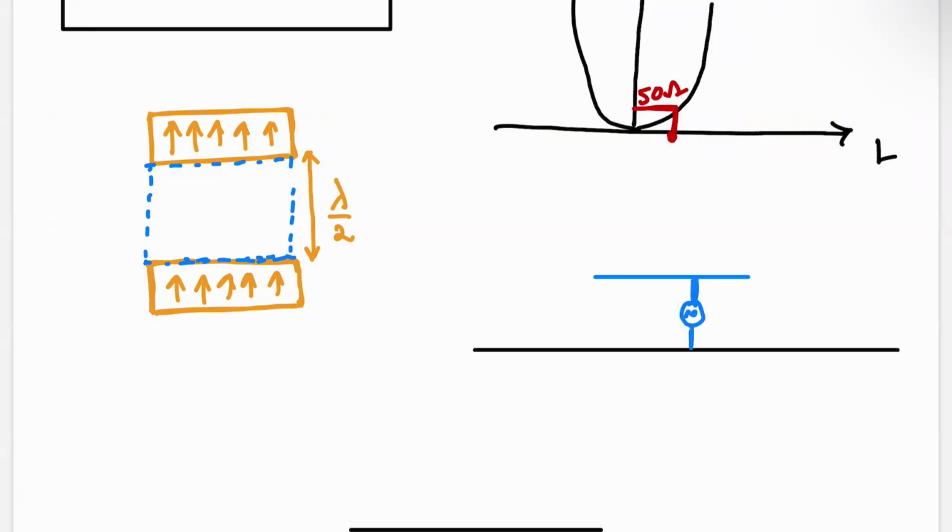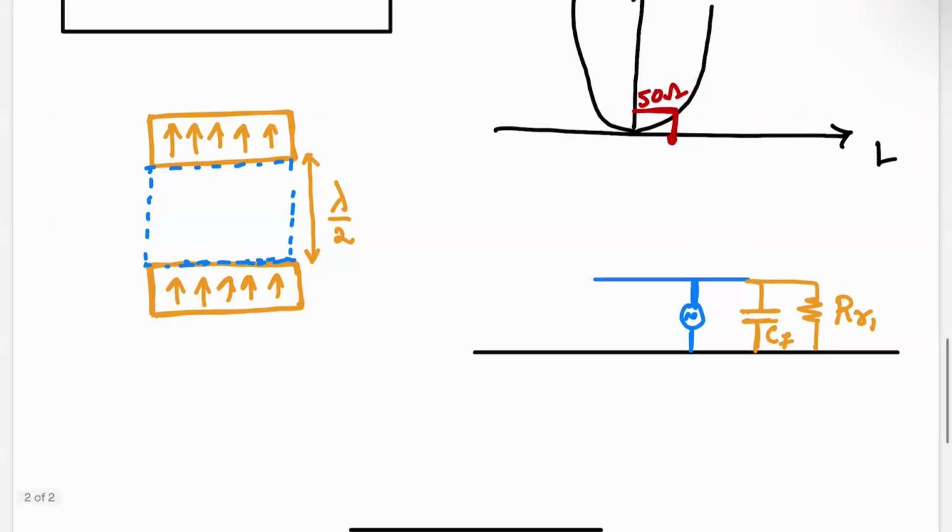Now I have some fringing field, which I can represent as a capacitance, like that. And there is also radiation resistance. I'll call this RR1 and C fringe CF, because some of the radiation goes into the far field.